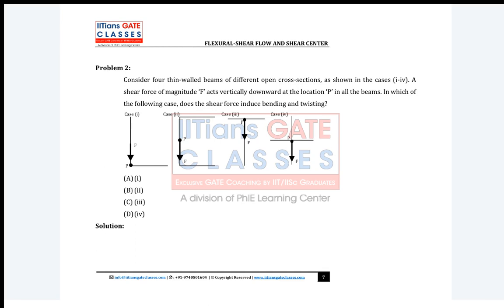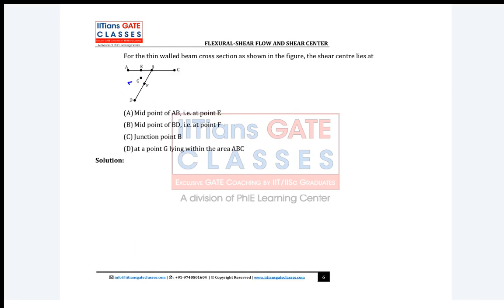Yes, Ashish. That doesn't mean, see, it's not necessary for the junction to be symmetric. We are not saying it is lying on the axis of symmetry. For any section with a junction, we are saying this junction itself is the shear center.